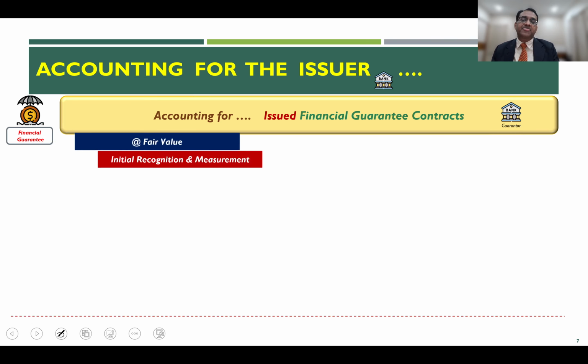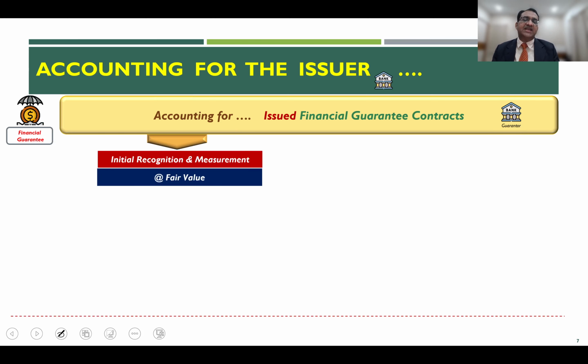So what happens? The standard requires that on initial recognition and measurement, the guarantee issued by this guarantor should be recognized at the fair value of such guarantee. Now, this itself is a very intriguing question, how to determine the fair value. That again is a topic which requires much more elaboration.